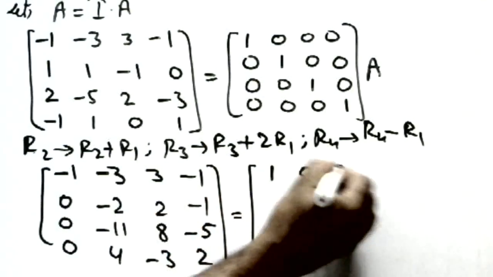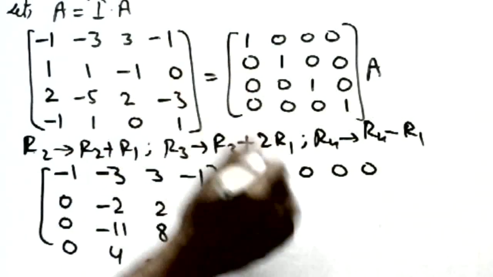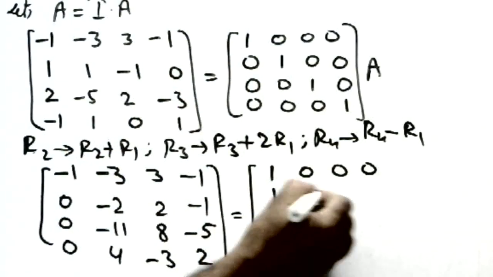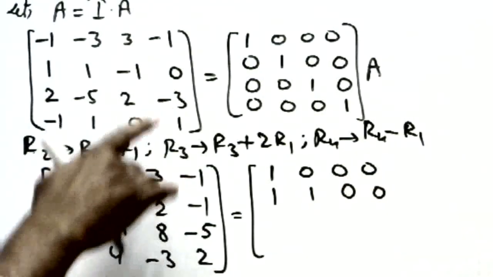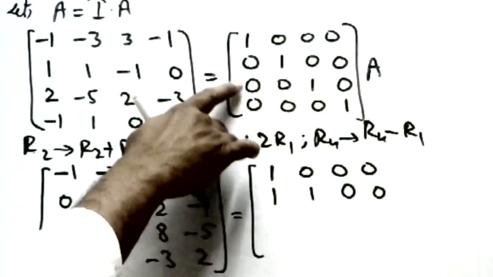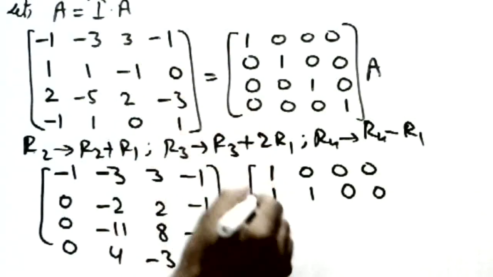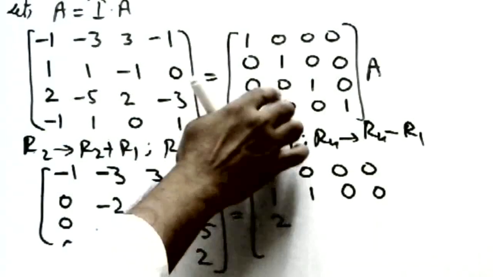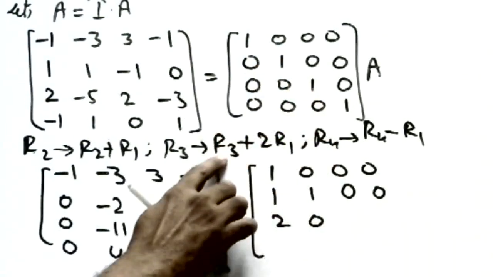So the first row we are not changing: 1 0 0 0. Second row is R2 plus R1: 0 plus 1 is 1, 1 plus 0 is 1, 0 plus 0 is 0, 0. Next one is R3 plus 2R1: 0 plus 2 ones are 2, 0 plus 2 is 2, both are 0, we get 0 only.